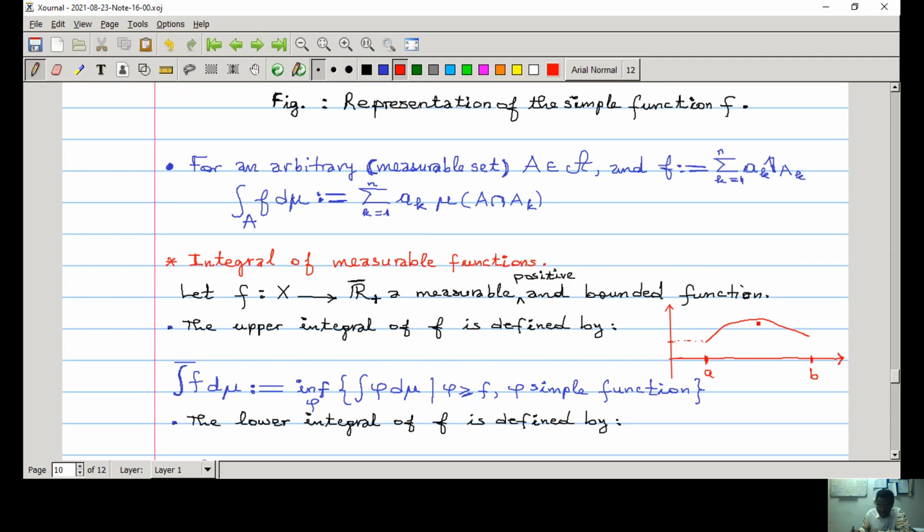So this is the range. Actually, what you partition is the range, not the domain of the function or the interval AB. So this is what you partition.